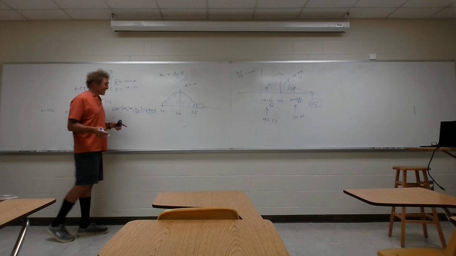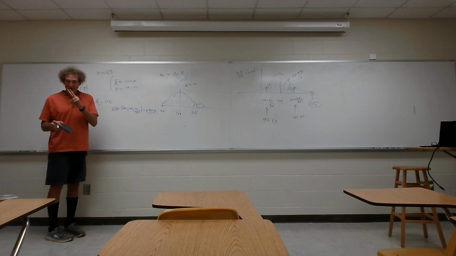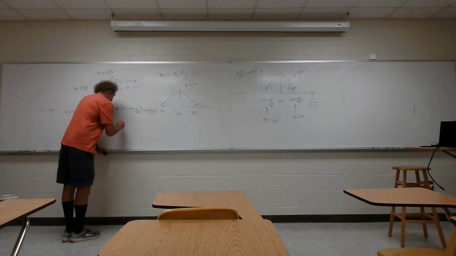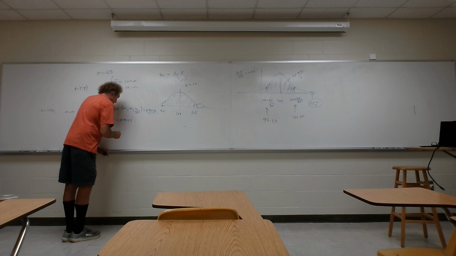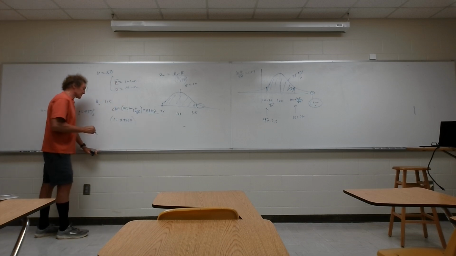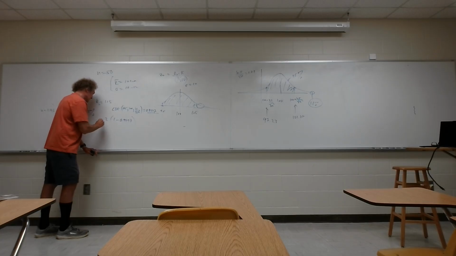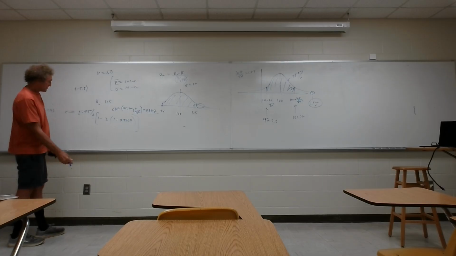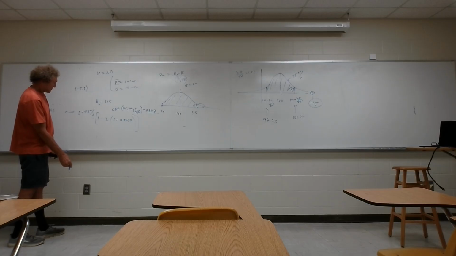All right, now take 1 minus that and multiply it by 2. It'd be 4.07 times 10 to the negative 4. All right, multiply that by 2 and subtract it from 1.